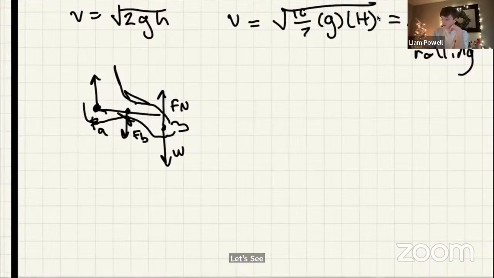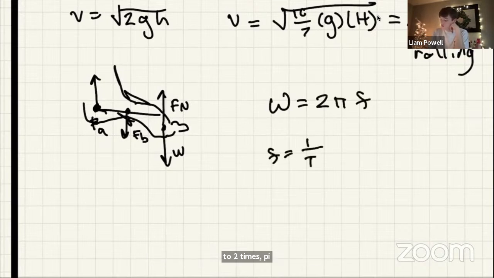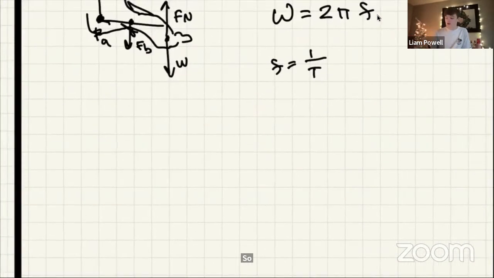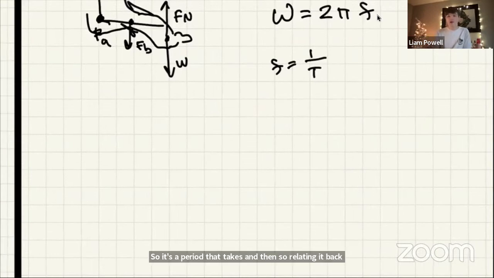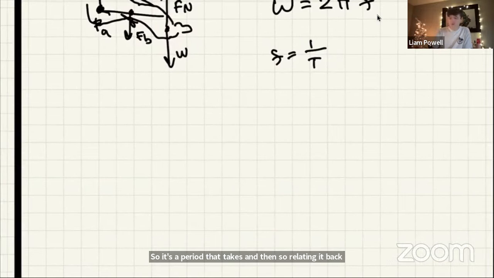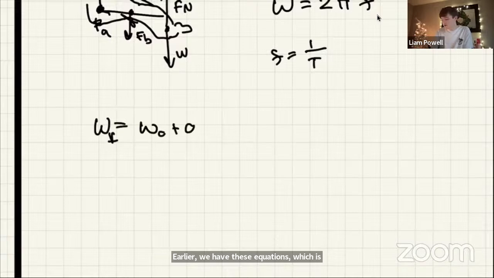Oh yeah, and then also you can find omega is equal to 2 times pi times frequency, and the frequency is equal to 1 over the period that it takes. And then relating it back to the constant acceleration that we did earlier, we have these equations: omega final is equal to omega initial plus alpha times time.